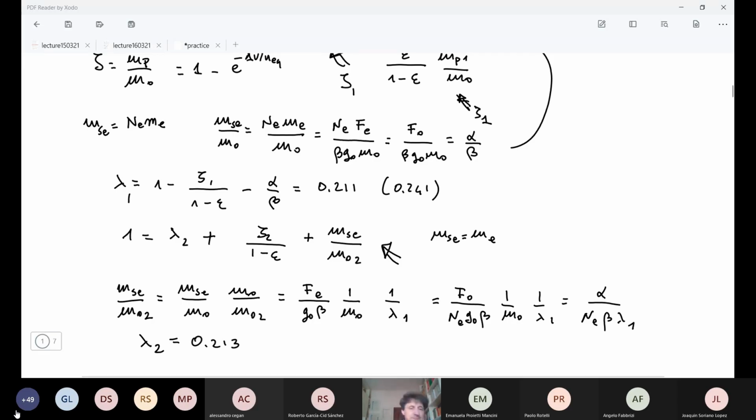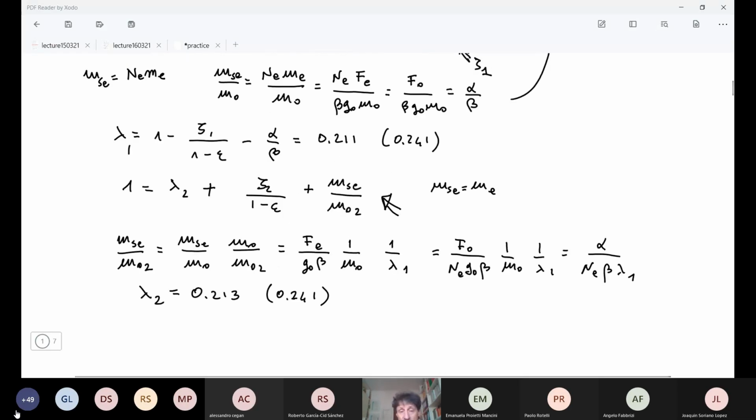Very similar, and it would have been exactly the same, except for the number of engines, if the stages are similar, in case we neglect the engine mass.